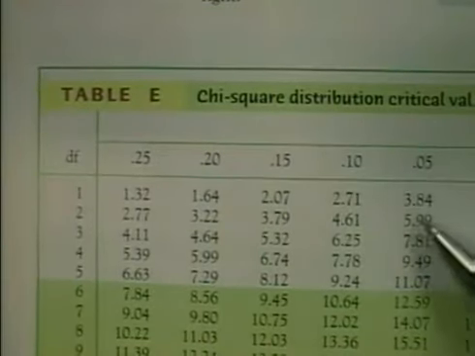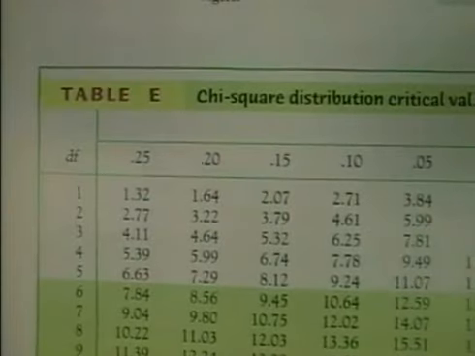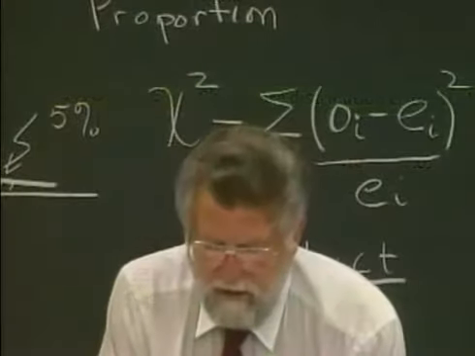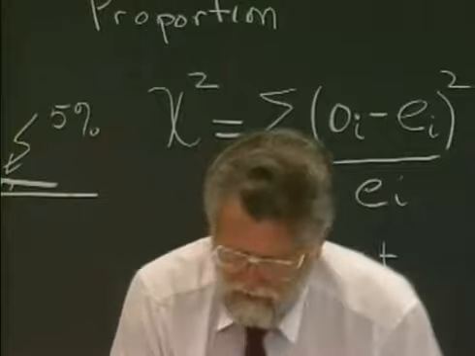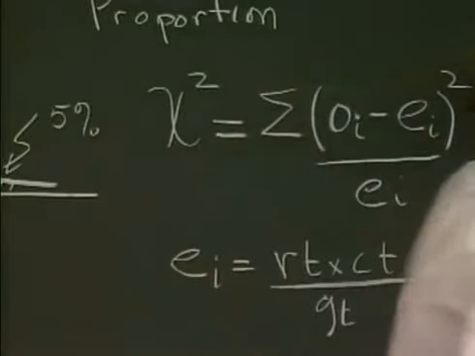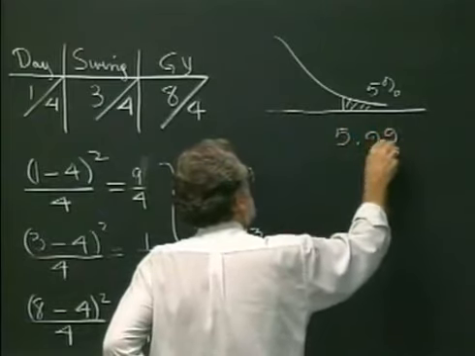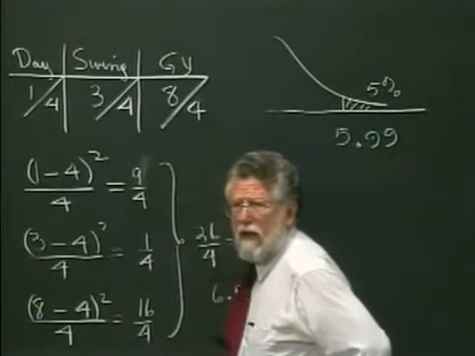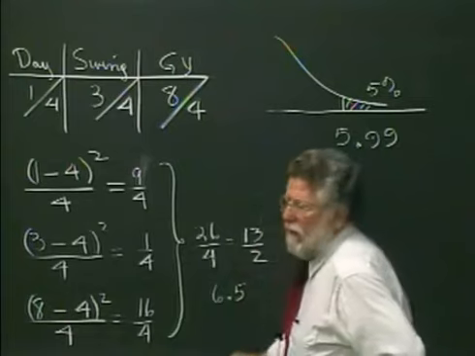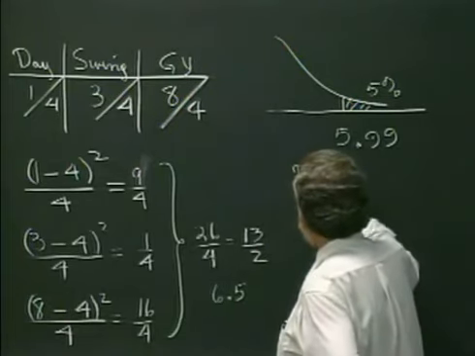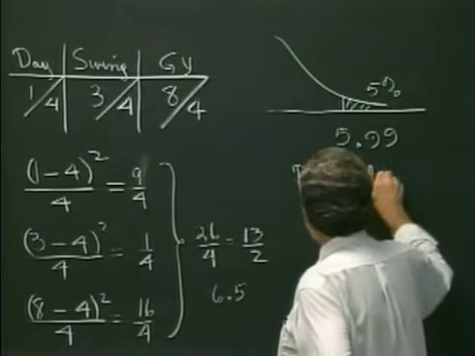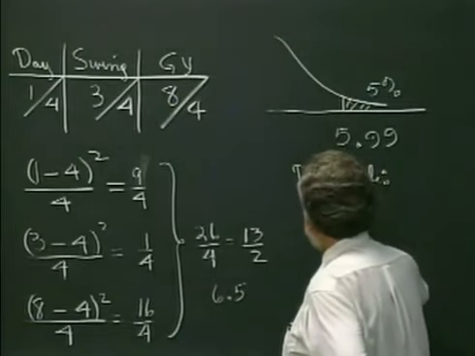And we have our 5%, our 2 degrees of freedom, so we have a 5.99, correct? 5.99. So what I'm going to do is come back here, put this in, 5.99, and my decision rule would be what? To reject.